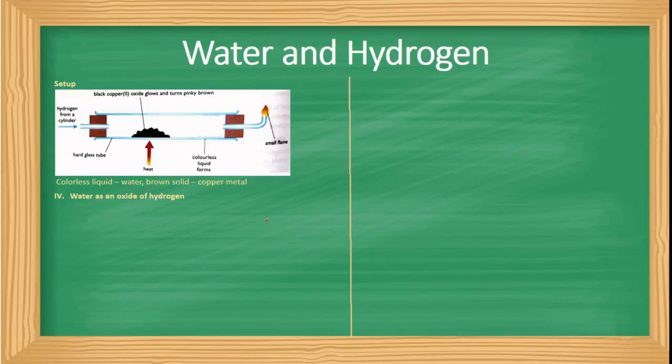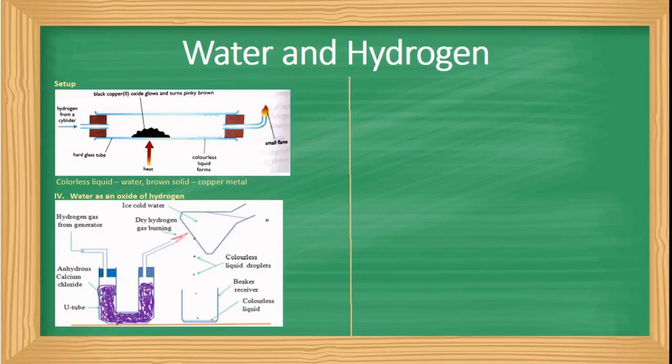The other item we'll look at is how water is an oxide of hydrogen, or what we want to confirm is that on oxidizing hydrogen you get water. So we use this setup for this experiment, whereby we get hydrogen gas and put it into a tube containing anhydrous calcium chloride.